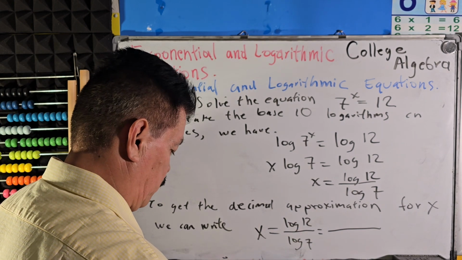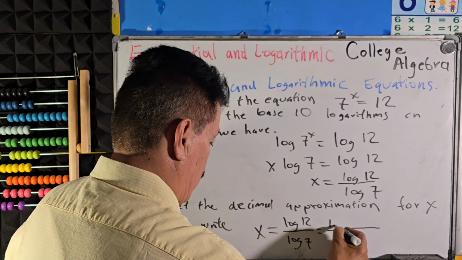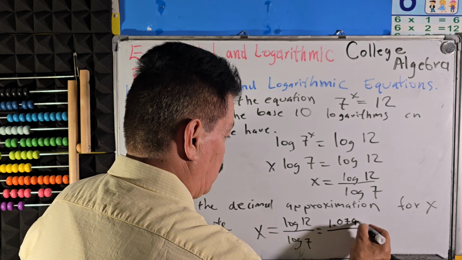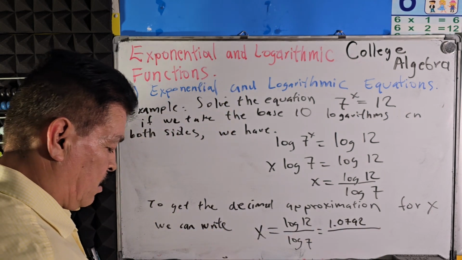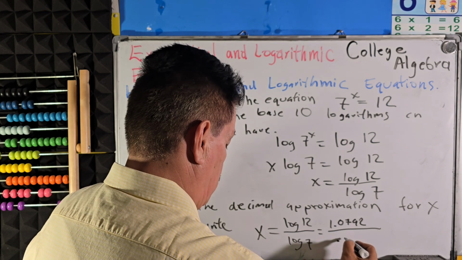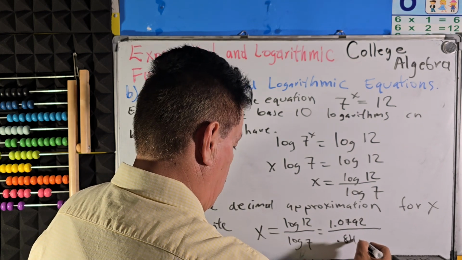How much is log 12? It equals 1.0792, right? So log 7 equals 0.8451.